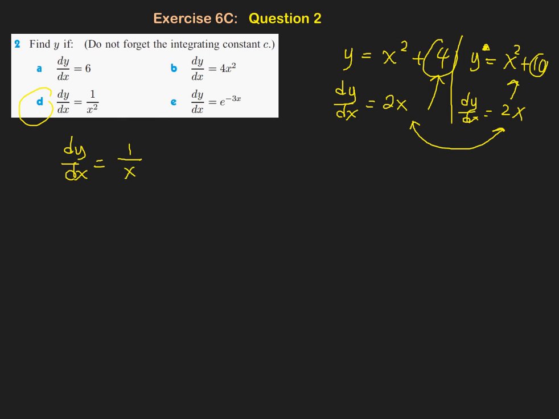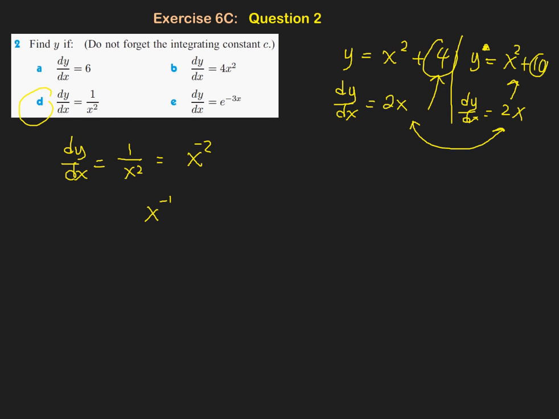derivative, which is x to the power negative 2. You ask yourself, what function, when you differentiate it, you get x to the power negative 2? Actually, this answer is simple. There's only one, that is this one. You differentiate this term x to the power negative 1, you get x to the power negative 2, because when you differentiate, you subtract 1 from the exponent.